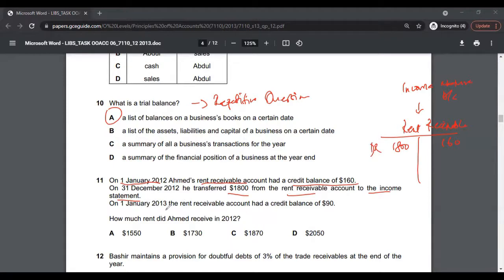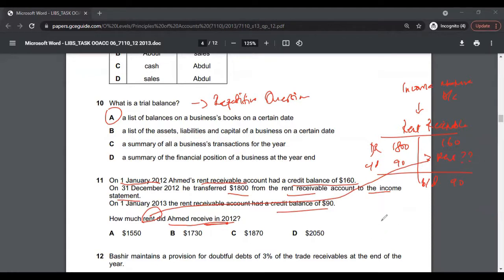And then on 1st January 2013, the rent receivable account had a credit balance of 90. So it had a brought forward of 90, so therefore it would have a carried forward on the debit side. How much rent did Ahmed receive in 2012? So this rent is going to be here on the credit side, this X number.